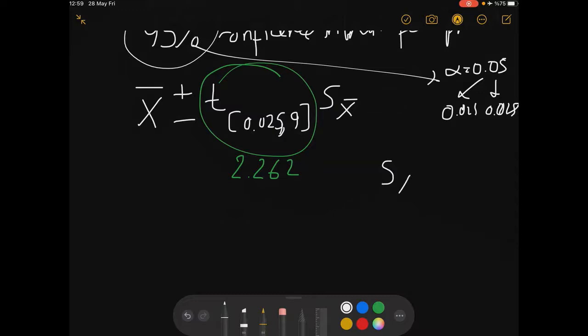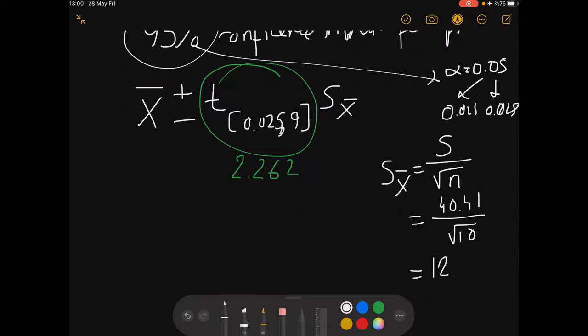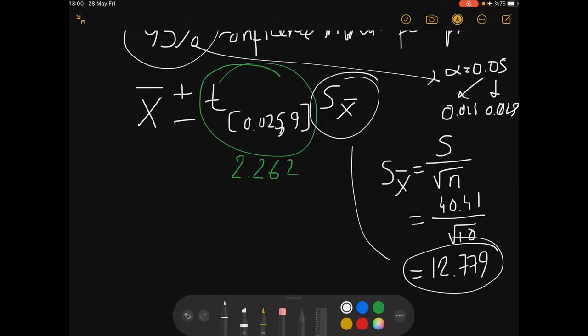Your Sx is s over square root of n, which is 40.41 over square root of 10, which is 12.779. This is your x-bar right here, and your x-bar is already given, 231 plus minus.